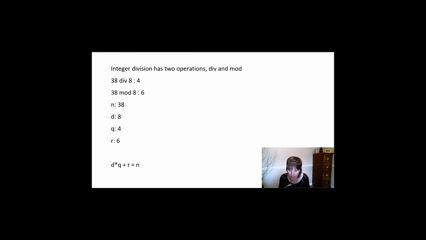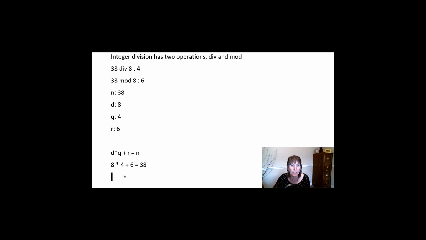The divisor is 8 times the quotient, which is 4, plus the remainder, which is 6. 8 times 4 is 32 plus 6 is 38, and that's how you can verify that everything's been done correctly. You can do the div operation and the mod operation, get all of your values, and then verify it with this formula.